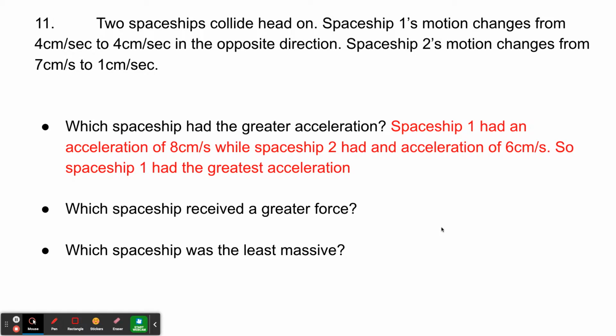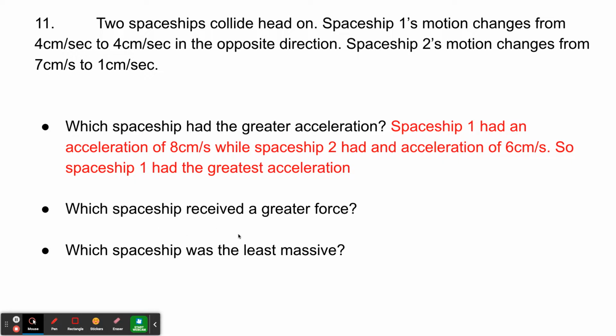Well, spaceship one had a greater acceleration. It had an acceleration of 8 centimeters per second. It had to have an acceleration of 4 to stop, and then another 4 to go in the other direction, 4 centimeters per second, whereas spaceship two just slowed down from 7 to 1. That's an acceleration of 6 centimeters a second. So spaceship one had the greater acceleration.